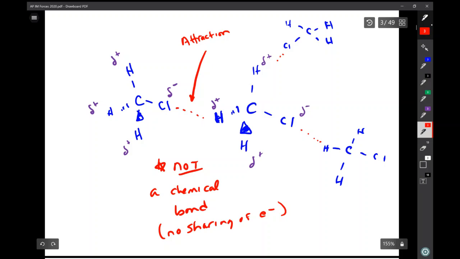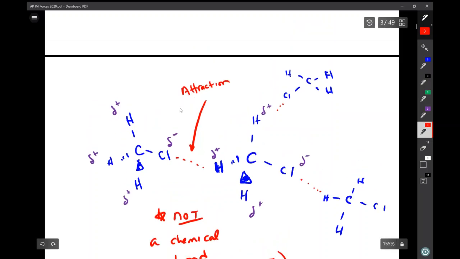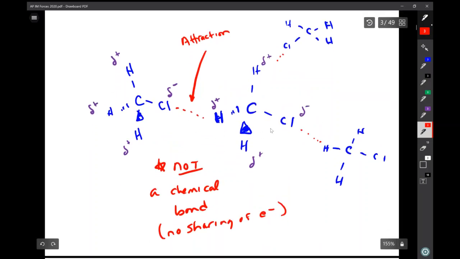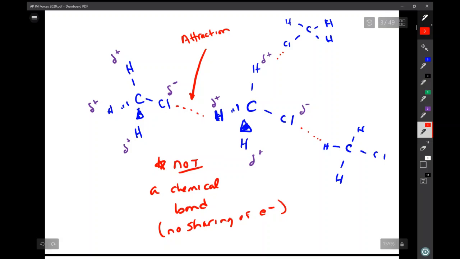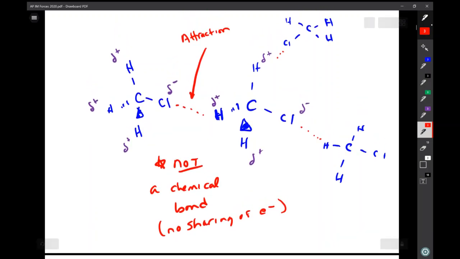They're just always attracted like that. You can keep adding on and on, and that's where you get your attractions. So that's your dipole-dipole attraction. Again, it's an attraction, it's a force. Yes, we do call it a bond, but remember, this is an intermolecular force bond. It's not a true chemical bond, as in sharing electrons. So that's dipole-dipole.